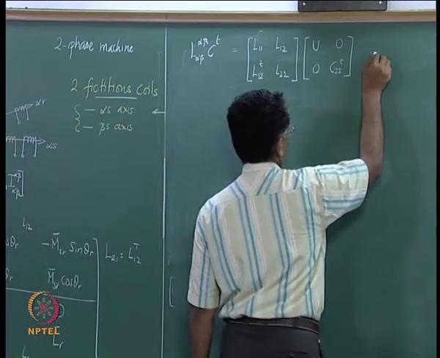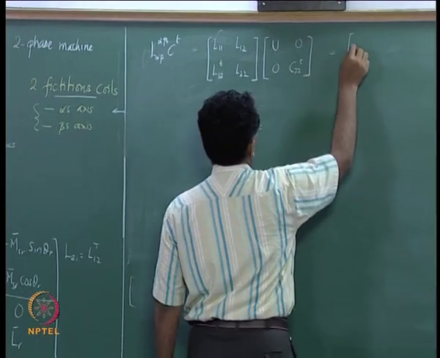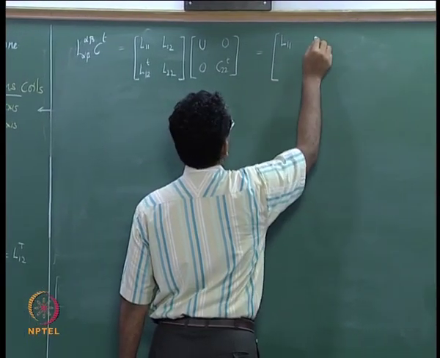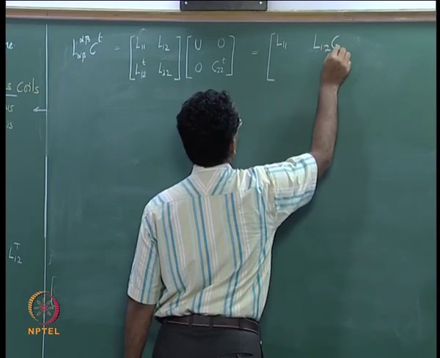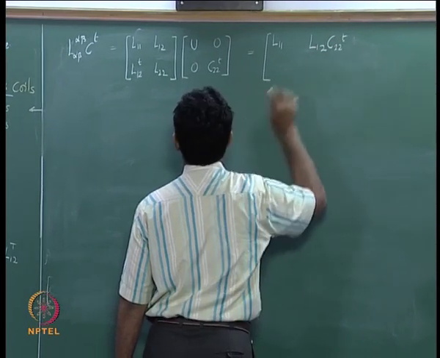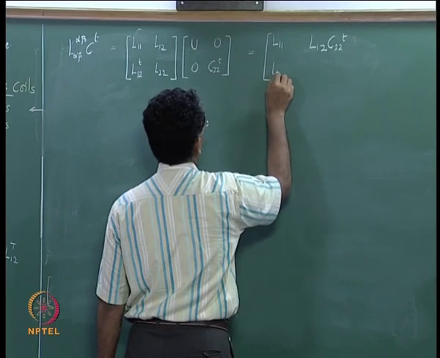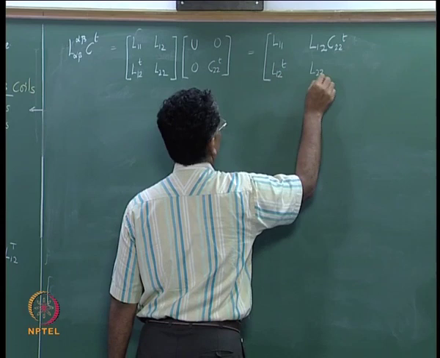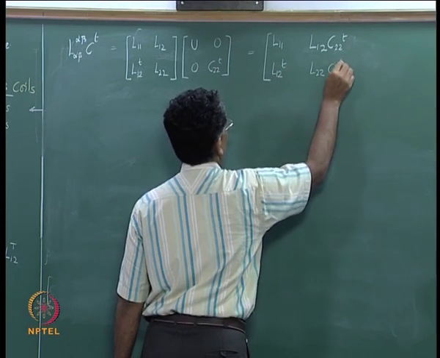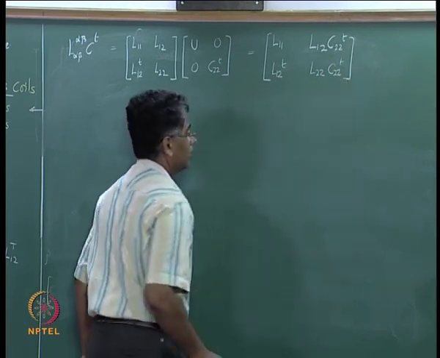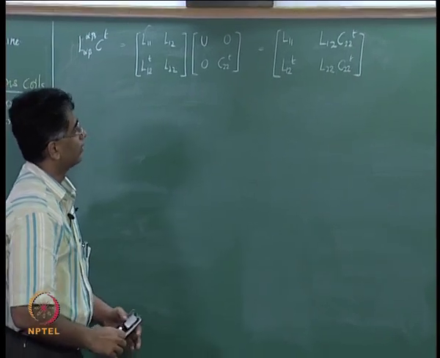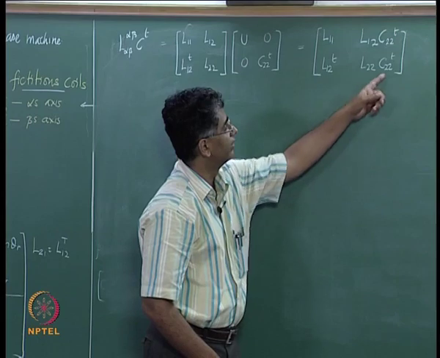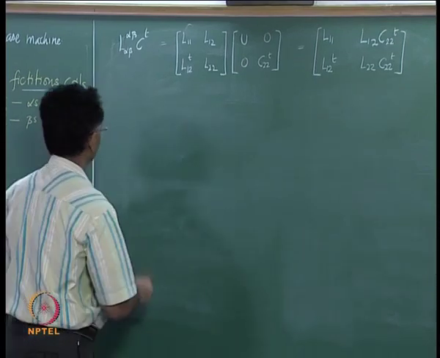So this can be written as L11, L12 C22 transpose, L12 transpose and L22 C22 transpose. So what we need to evaluate are L12 C22 transpose and L22 C22 transpose.